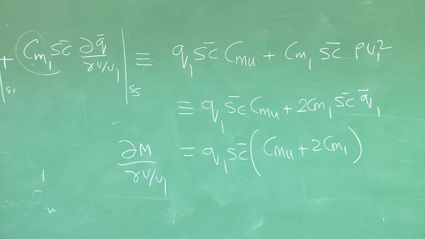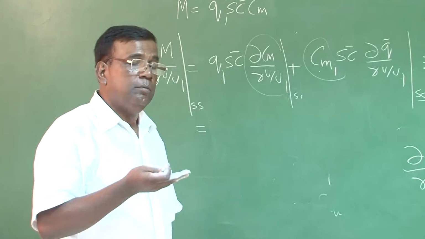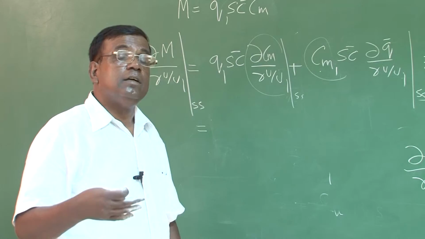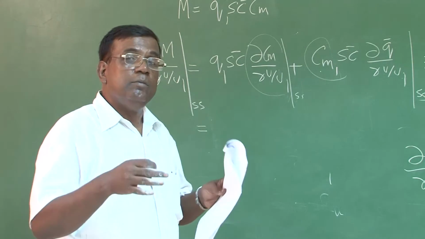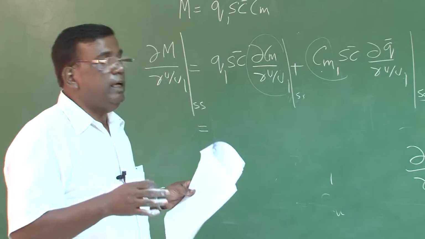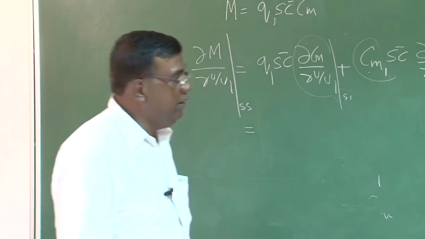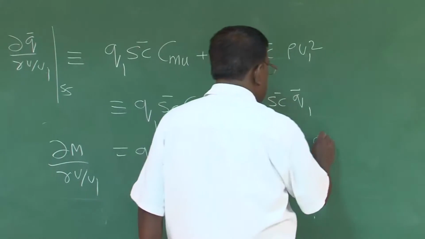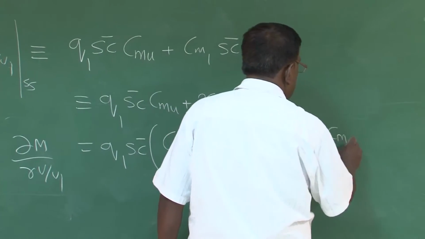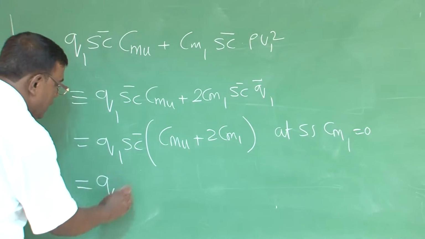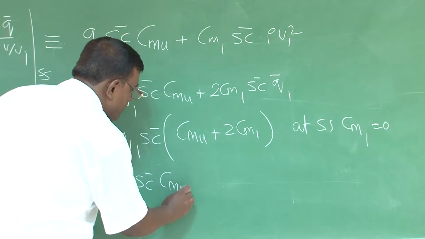Since we are not considering any thrust contribution, Cm1 is the Cm when the aerodynamic moment is 0. Otherwise, for a trim, if thrust is there, then the moment due to thrust plus the aerodynamic moment, the sum should be 0, right? But here, since we are not considering that, the aerodynamic moment has to be 0. So Cm1 I am putting as 0 at steady state. Cm1 is 0, so I have got this expression as Q1 S C bar Cmu.